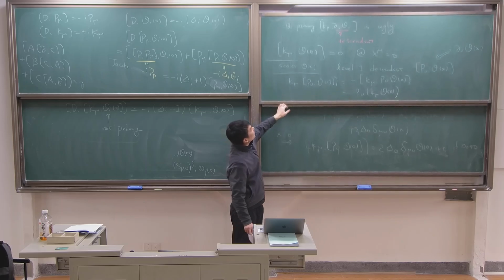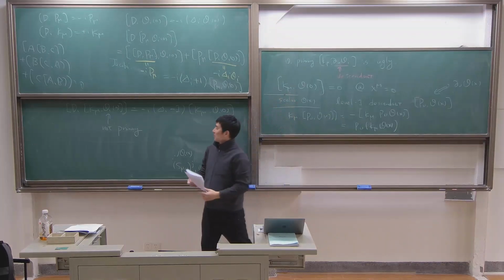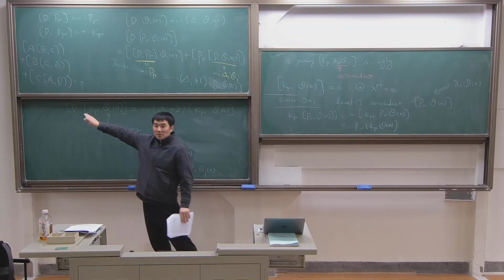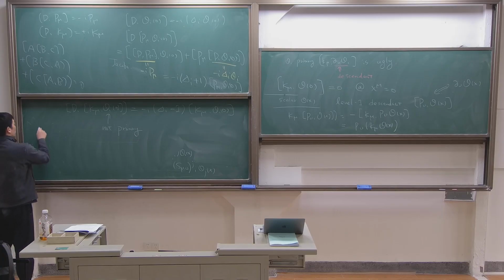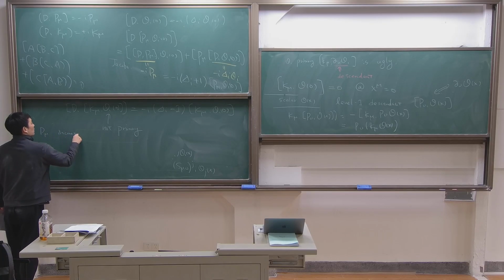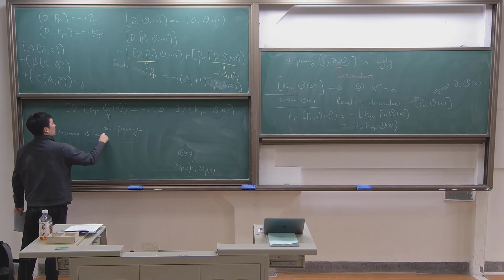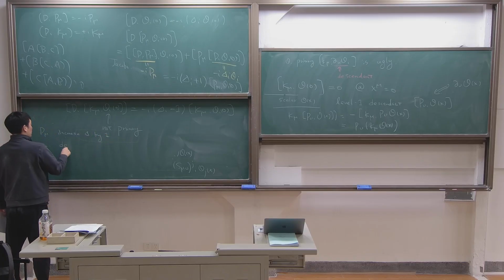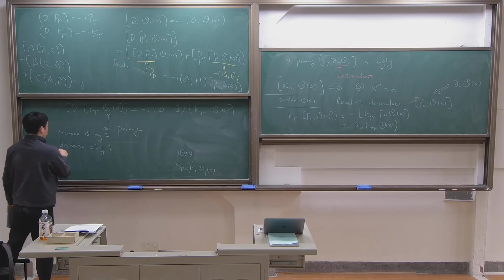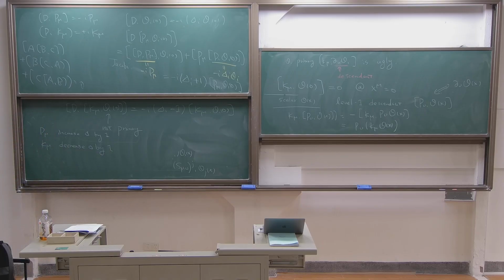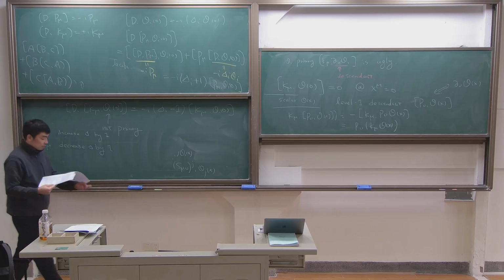So P mu increases the conformal dimension by 1, and K mu decreases the conformal dimension by 1. Okay, that's very simple.